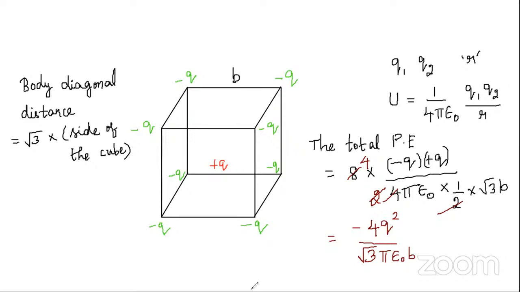Or option C: minus 4q squared by root 3 pi into epsilon naught into b. This is option C for you. This is how you need to proceed with the solution for this problem.